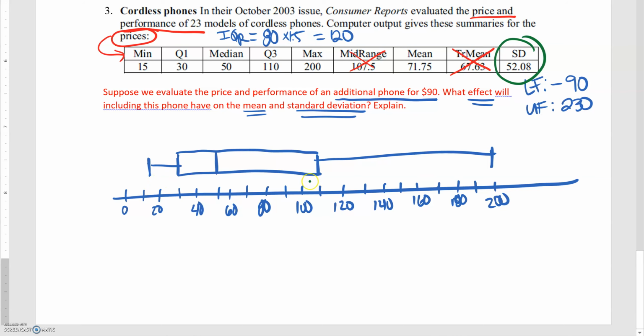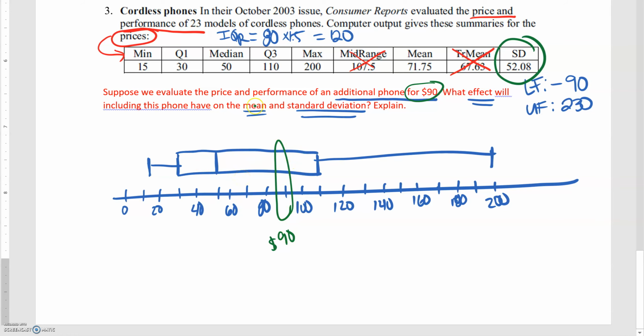So then the question is, if I add an additional phone for $90, think about where on the box plot 90 would fit. 90 is somewhere right here, right? Remember, what's inside the box is the majority of your data, so the $90 lies inside the majority of the data.